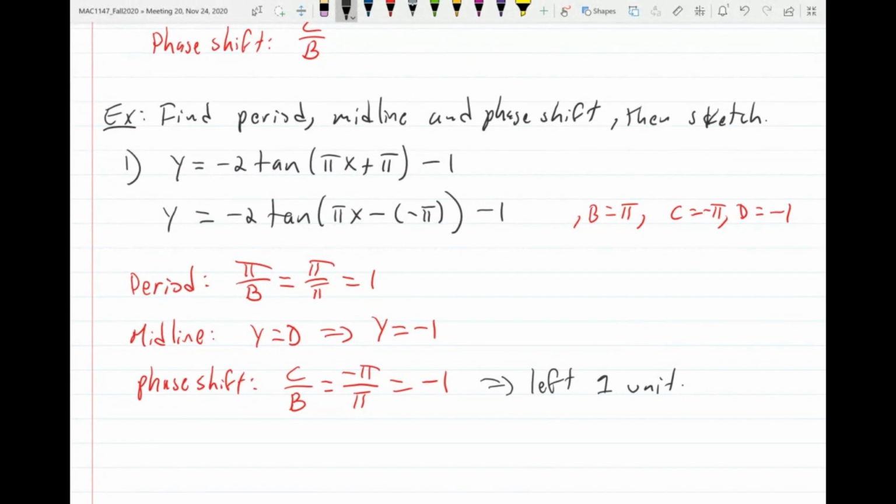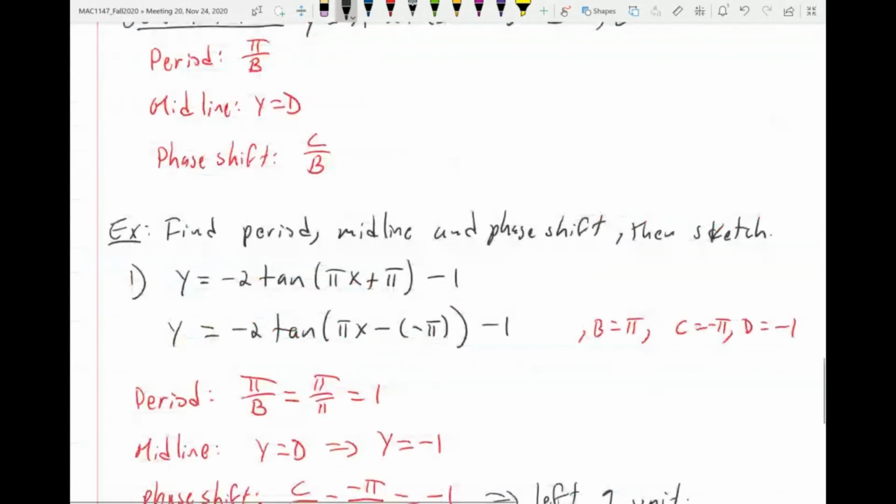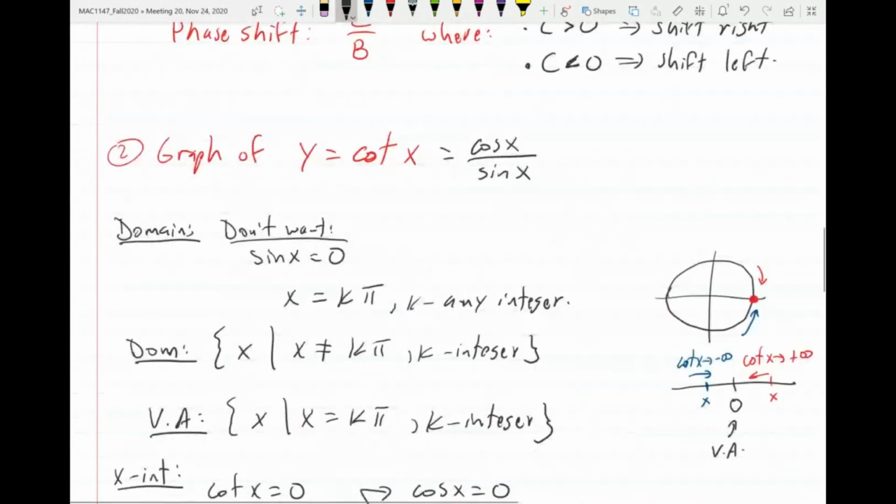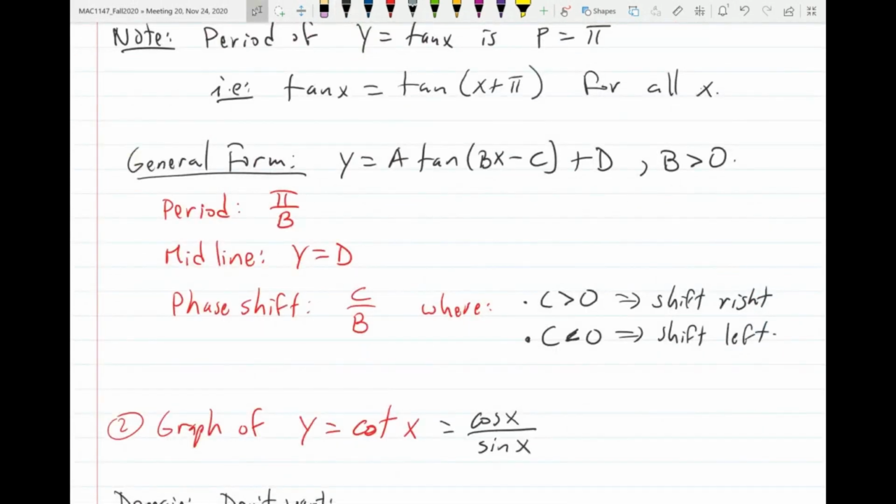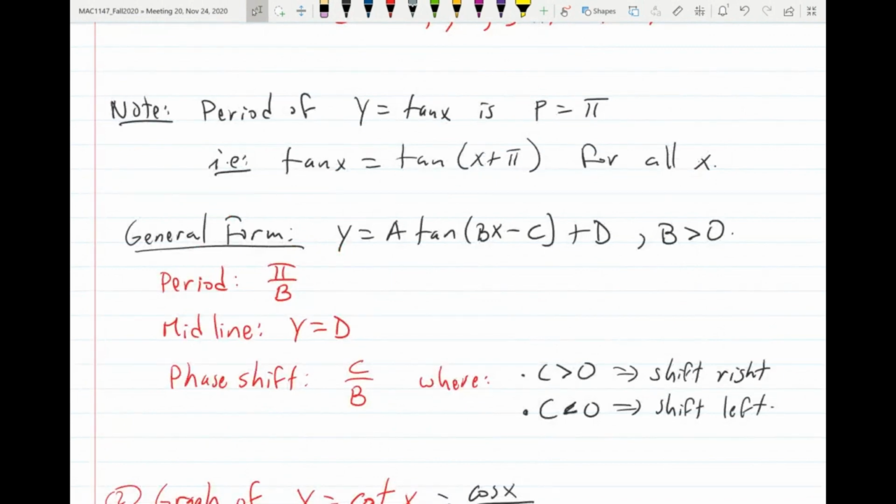Professor? Yes? I thought the formula to find the period was 2 pi over b. That's for sine and cosine. If you look at tangent, I wrote the formulas here. It's pi over b. Because remember, what you put on top of the fraction is the period of the regular function instead of the general formula.